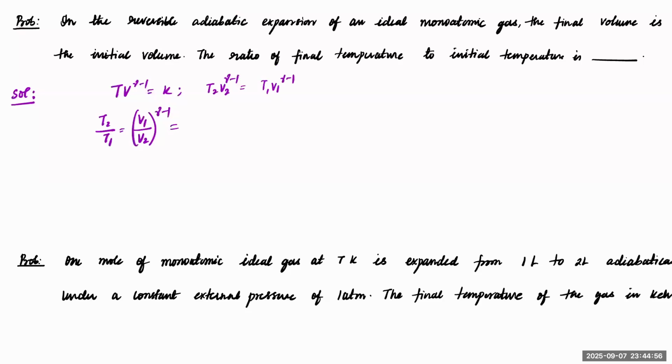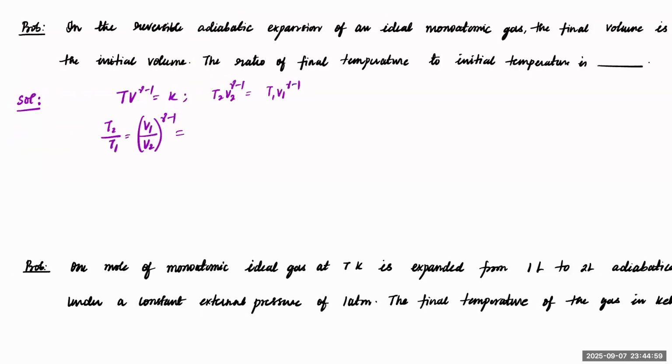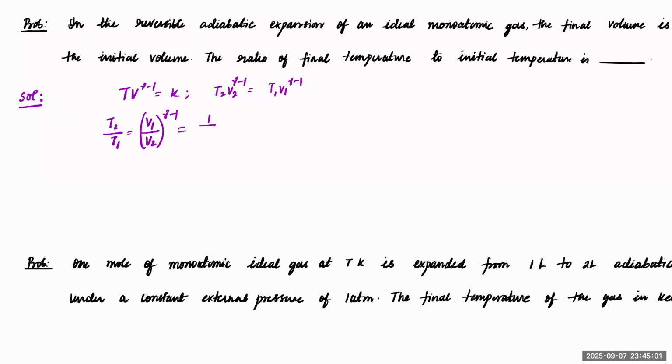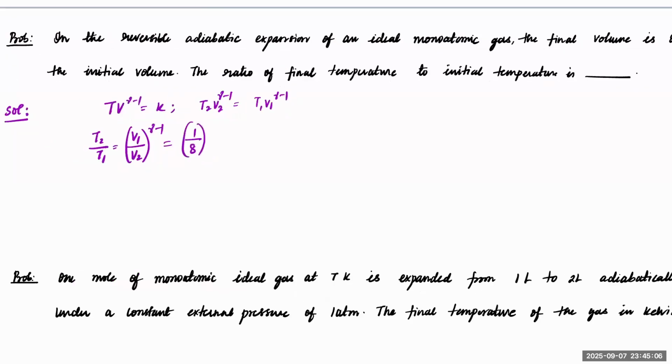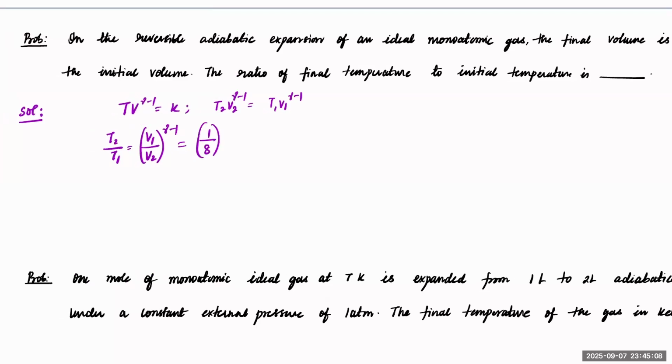The volume is 8 times the initial one, so 1 by 8 raised to gamma minus 1, and for a monoatomic gas, you know that gamma is 5 by 3. So 5 by 3 minus 1 is 2 by 3, which gives 1 by 8 raised to 2 by 3, which is 1 by 2 squared, which is 1 by 4. So T2 by T1 is simply a 1 by 4 ratio.